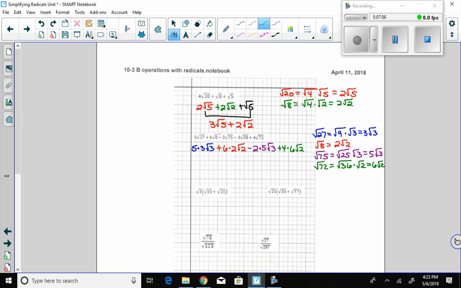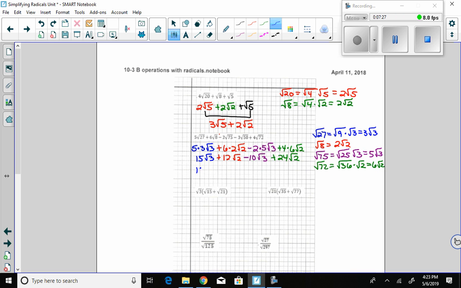Okay, so I can simplify this into 15 root 3 plus 12 root 2 minus 10 root 3 plus 24 root 2. I can combine the root 3's and the root 2's.